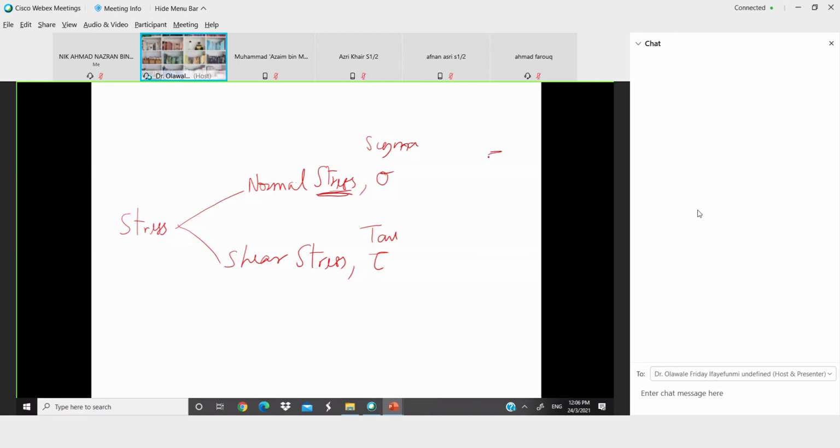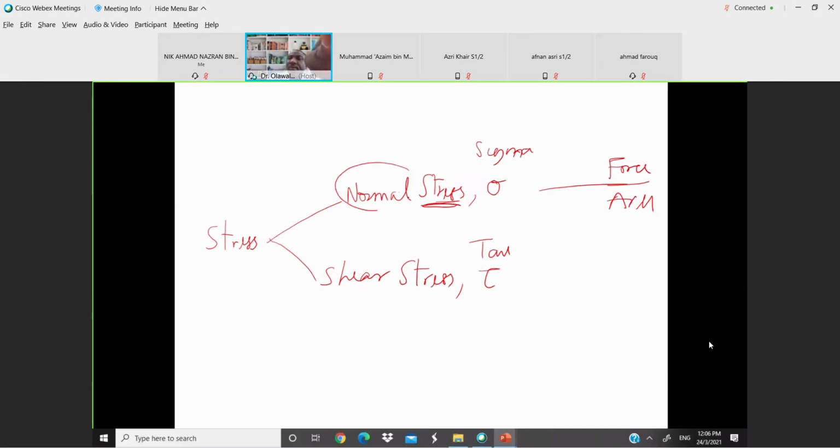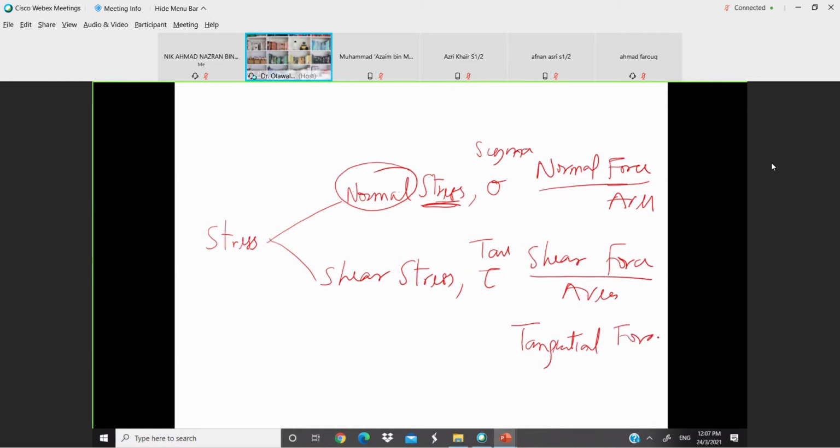Stress is force all over area. But remember, in front of this stress, you have normal. So your normal stress is normal force divided by area, whereas shear stress is shear force, or tangential force, acting tangent to your area, divided by area.